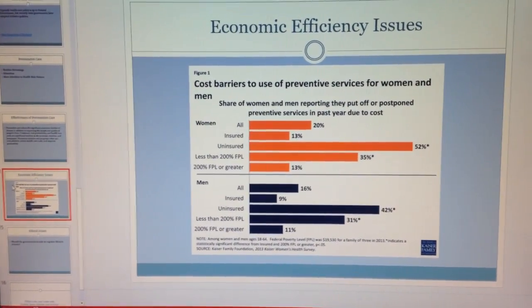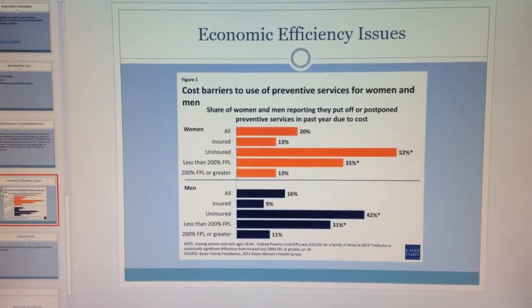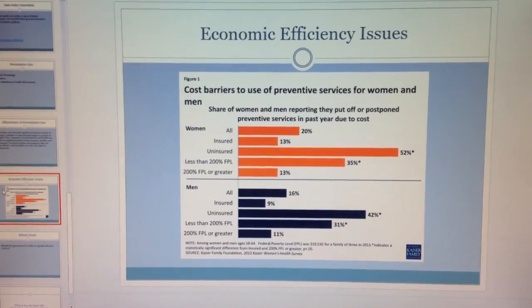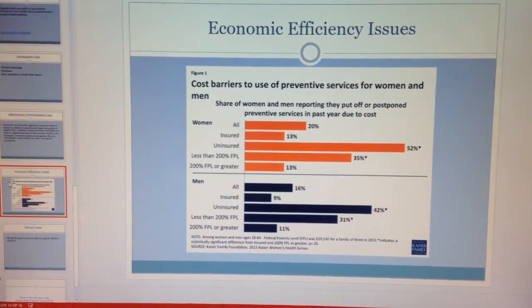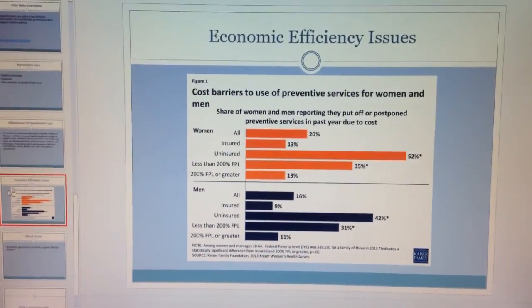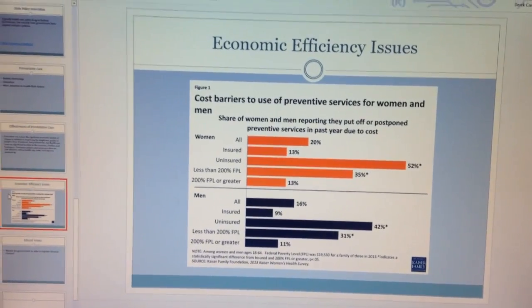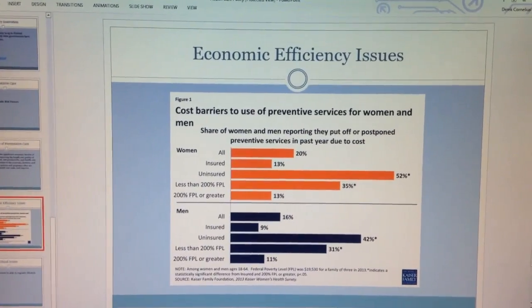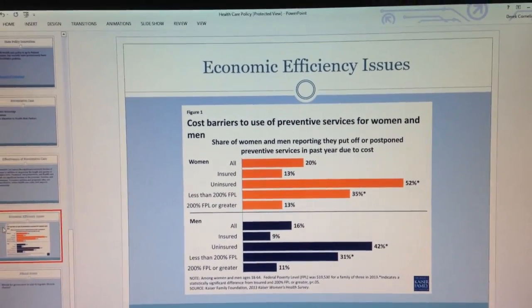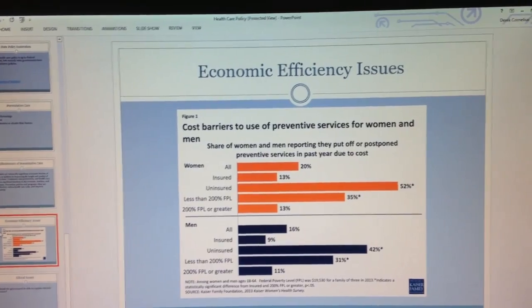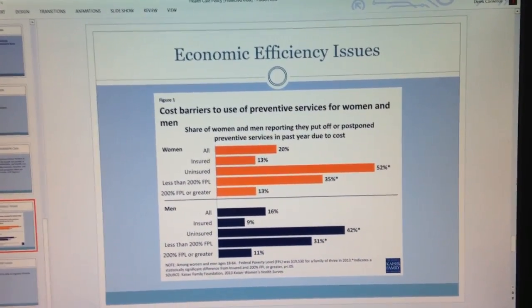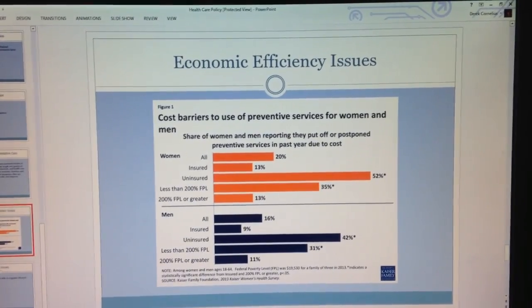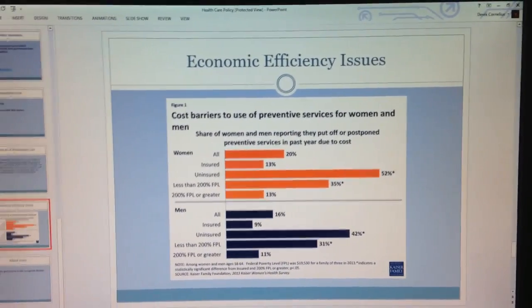For example, asthma, high blood pressure, smoking, and obesity each reduce annual productivity by between $200 and $440 per person. So preventative health can also save you in labor supply by reducing sick days and missing time from work. And I got that from the Economic Benefits of Preventing Disease.